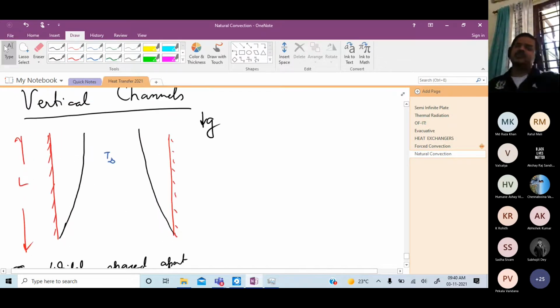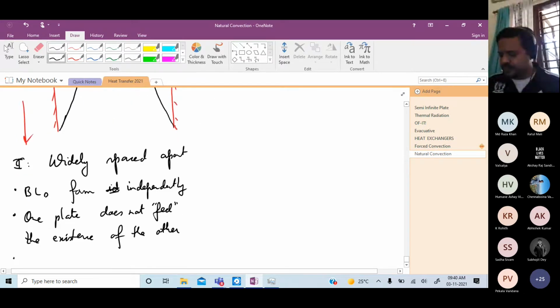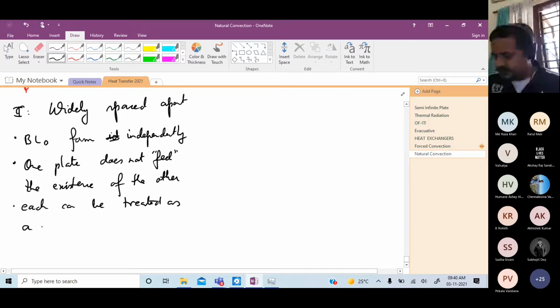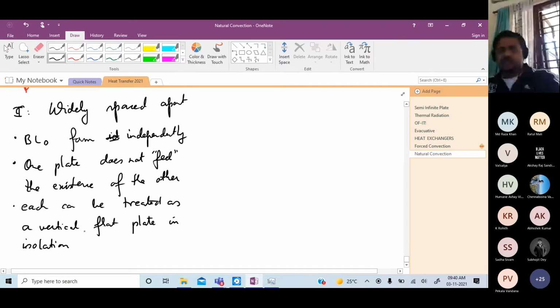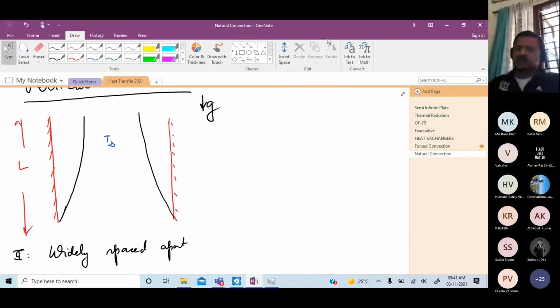So this is like a vertical flat plate. This is also a vertical flat plate. So each can be treated as a vertical flat plate in isolation thermally, okay? Because from thermal point of view, anything that happens outside the boundary layer, you don't care. It's outside my world.